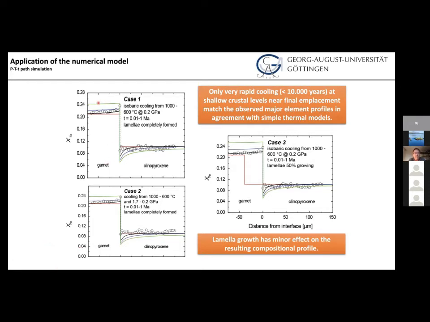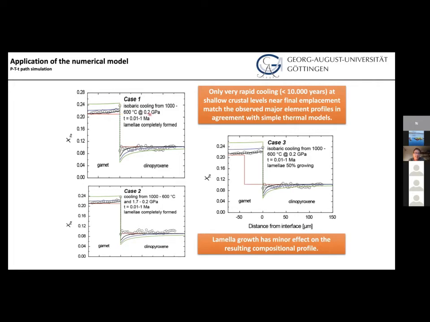The first one, starting easy, we have an isobaric cooling from about 1,000 degrees, because we know everything above 1,000 degrees we can't resolve in our diffusion profile anyway, and 600 degrees where we expect our profile to freeze in more or less.